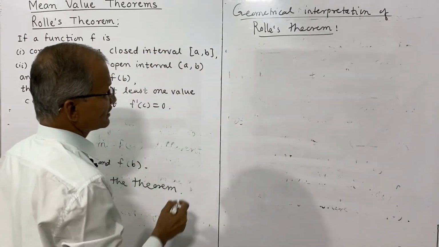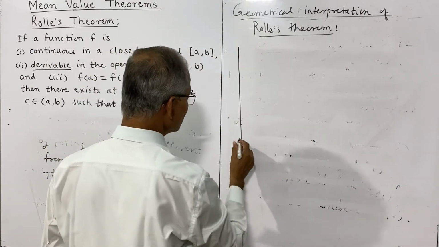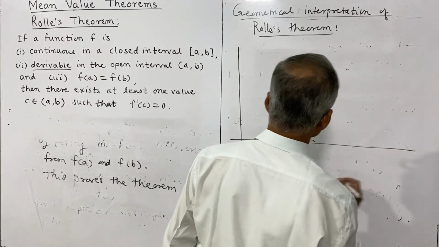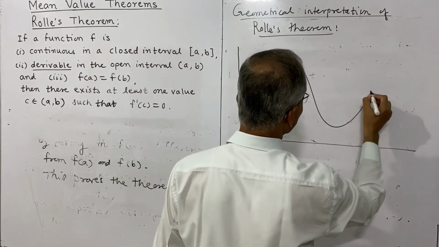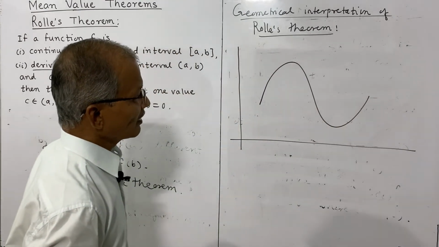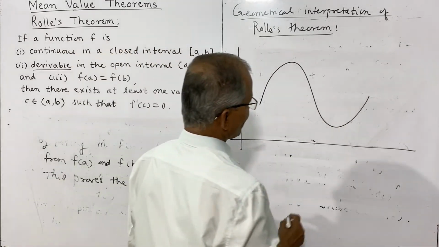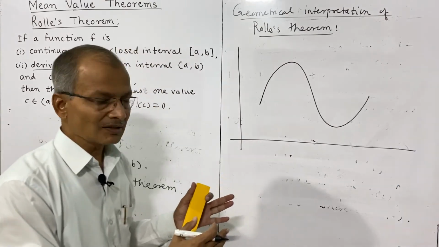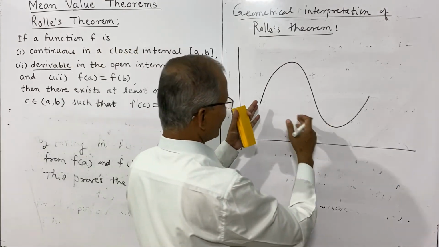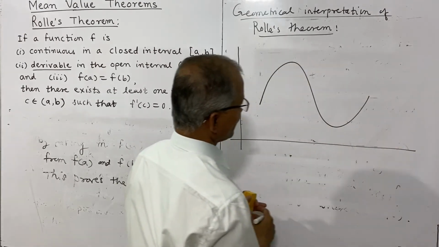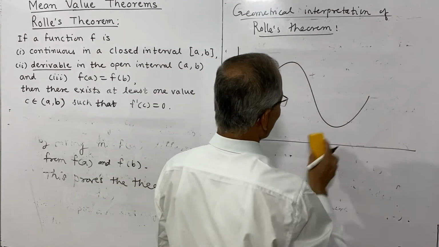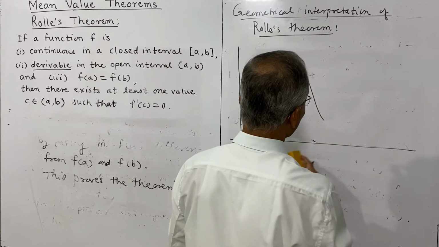Now see, we shall draw the graph of, suppose this is the function, and we may consider the function in any interval, and the shape may be different, or we may consider like this also, or we may have like this also.